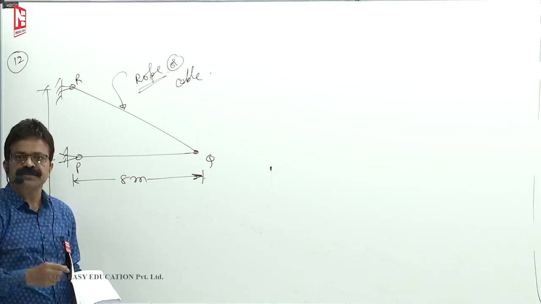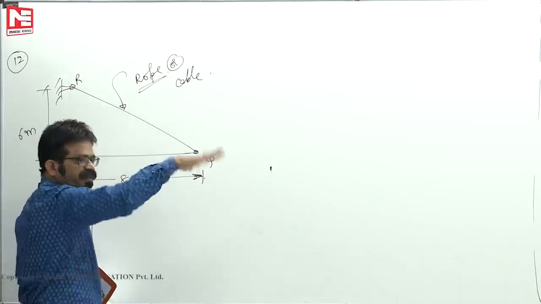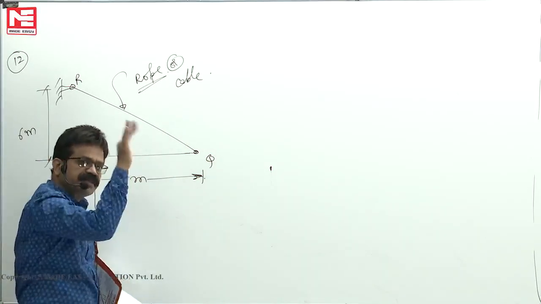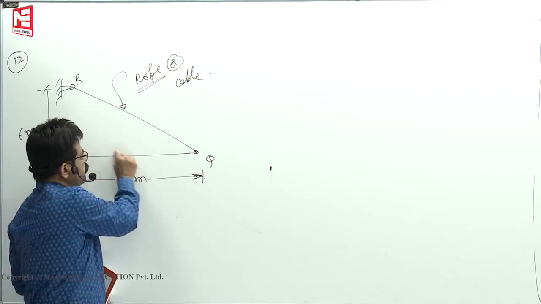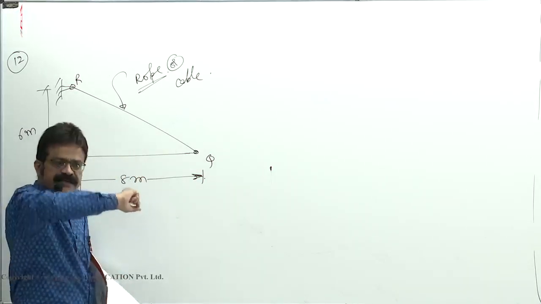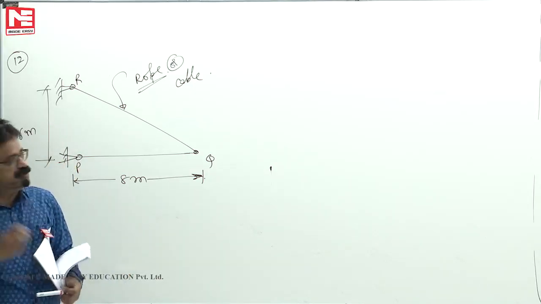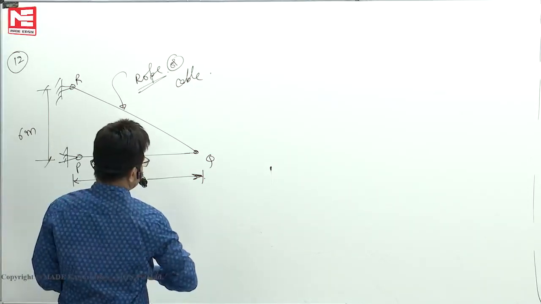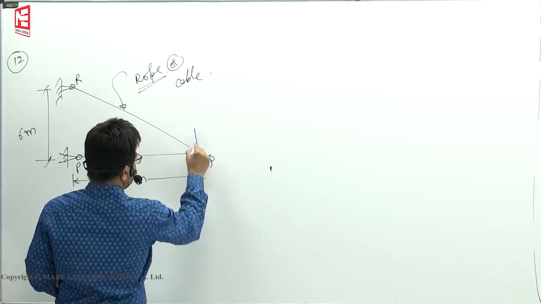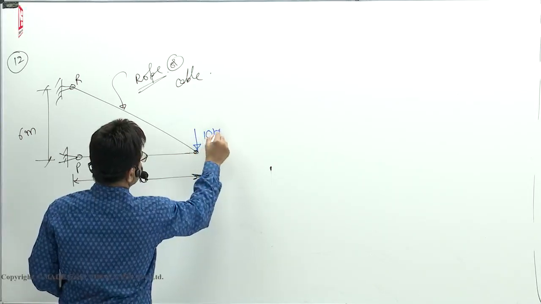Tension in the cable is 0. As it is moving, it will try to rotate, and that rotational effect is maximum when the load is at Q. That should be countered by the tension in the cable. So you must keep the 10 kilonewton load at Q.